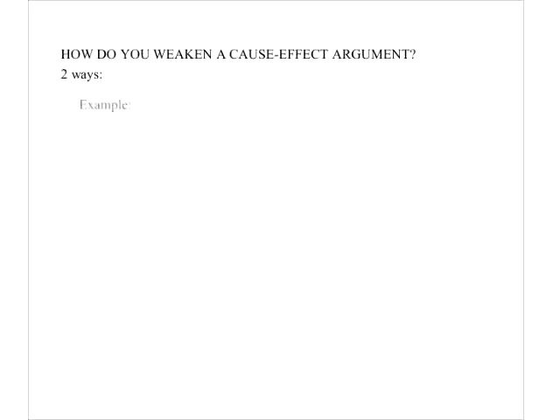Let's make a new slide for this, because there are enough of these. How do you weaken a cause-effect argument? There's two ways. Okay, let's just do this by way of example. Here's my example. Let's keep it simple. Married men live longer than single men.